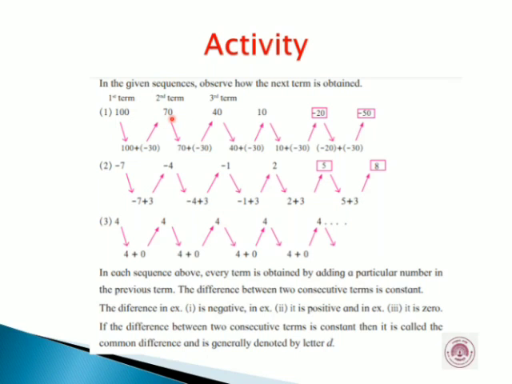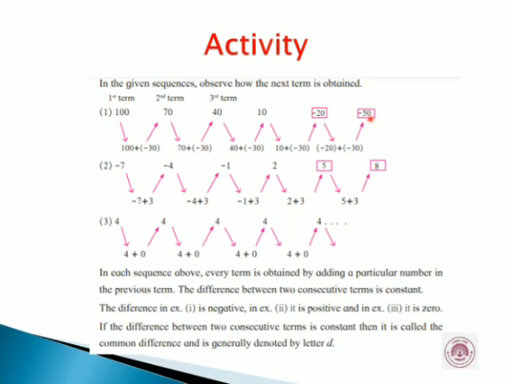So 70 is obtained by adding a particular number to the previous term, that is 100. Which number do we have to add? Minus 30. 100 plus minus 30 is 70. 70 plus minus 30 is 40. 40 plus minus 30 is 10. 10 plus minus 30 is minus 20. Minus 20 plus minus 30 is minus 50.